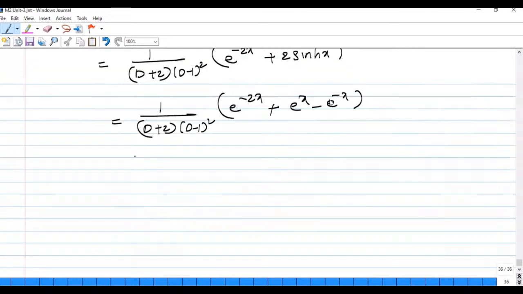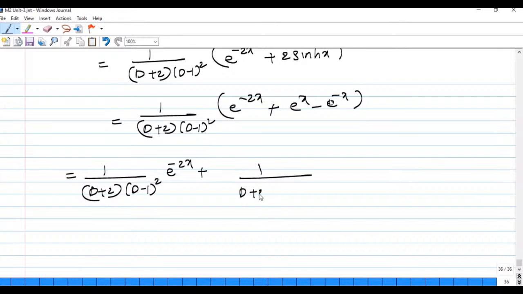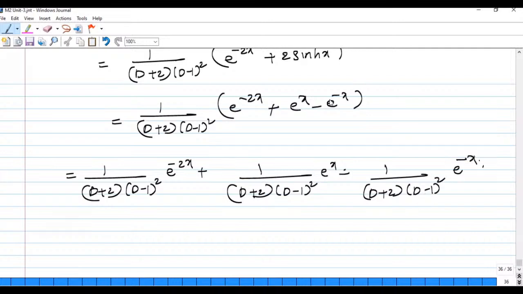Now separate these terms: 1 by (d plus 2)(d minus 1) whole square into e power minus 2x, plus 1 by (d plus 2)(d minus 1) whole square into e power x, minus 1 by (d plus 2)(d minus 1) whole square into e power minus x.